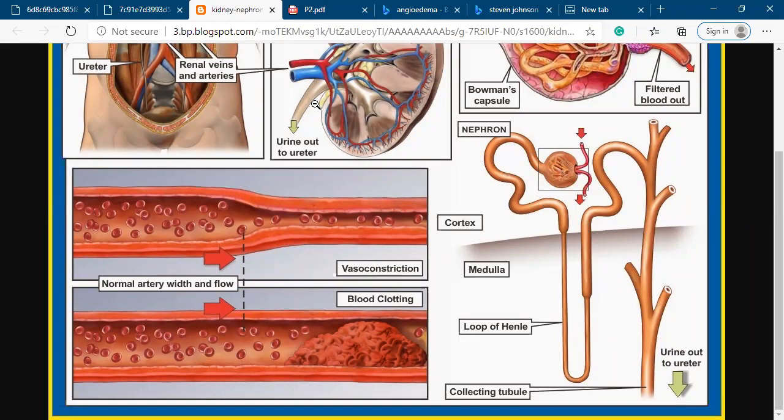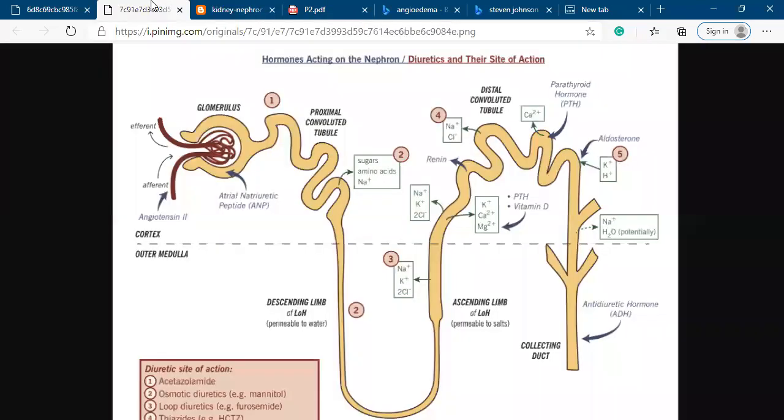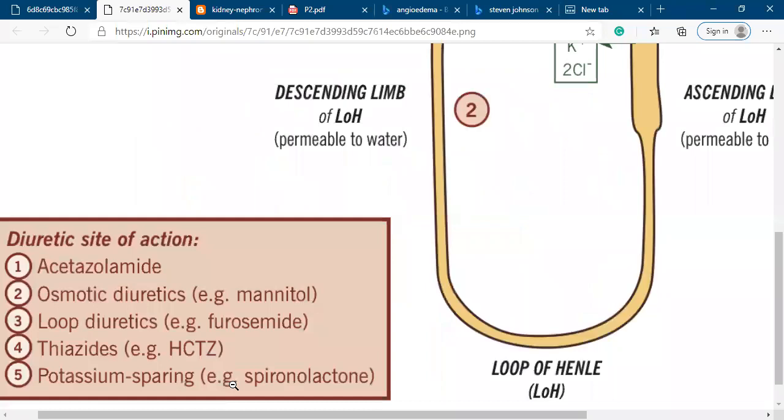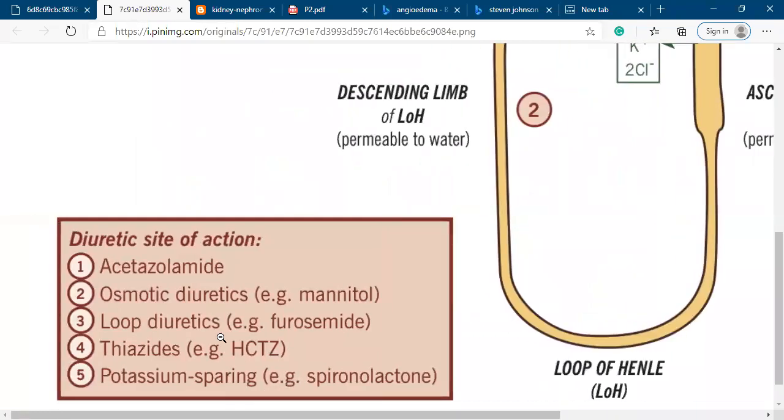If I go back to this picture, it shows the list of diuretics. The first group is called acetazolamide.